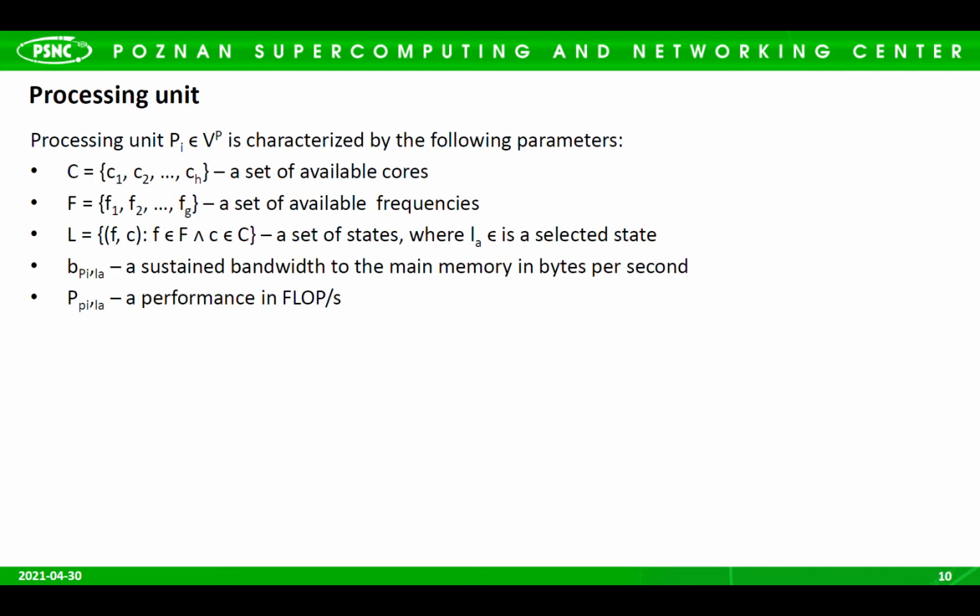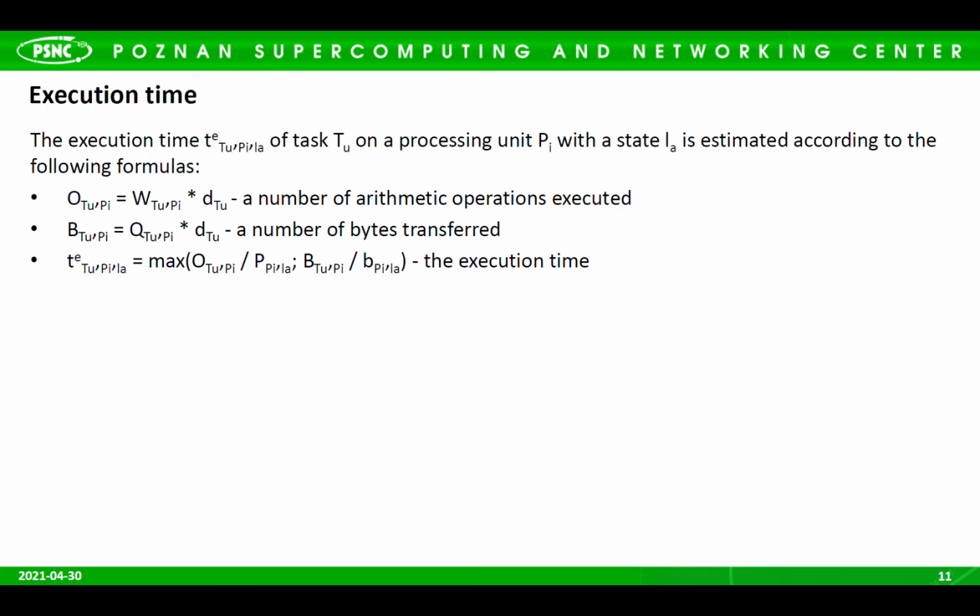A processing unit is characterized by available cores, available frequencies, a set of states, a sustained bandwidth to the main memory in bytes per second, and performance in flops. When we have parameters for both the tasks and the processor, we can estimate the execution time.